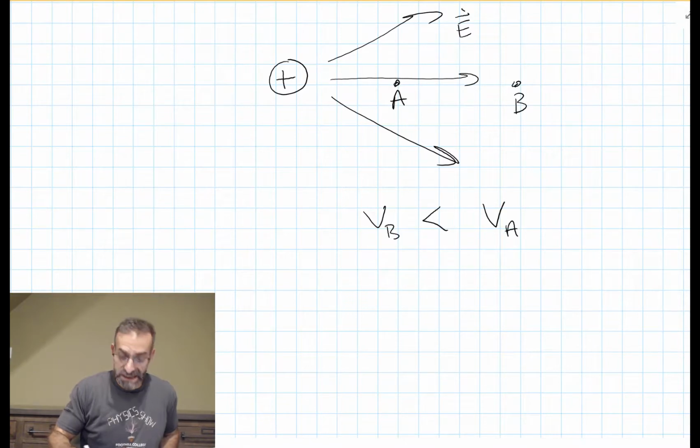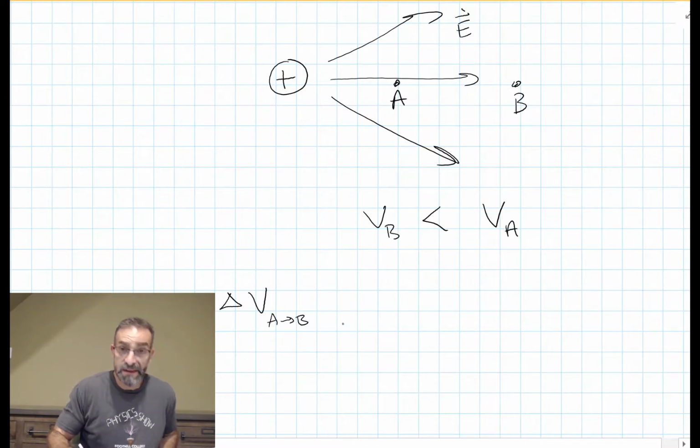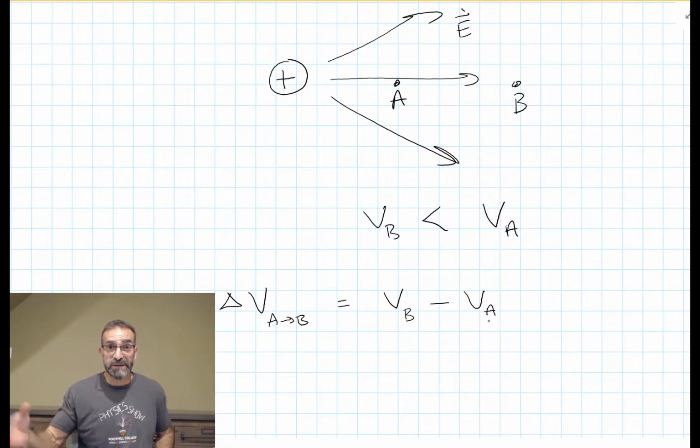That means that our delta V, our change in electric potential, moving the particle right from A to B, is the potential at B minus the potential at A. Delta V is always final minus initial. Delta kinetic energy is final kinetic energy minus initial. Anytime you see a delta, it's final minus initial.